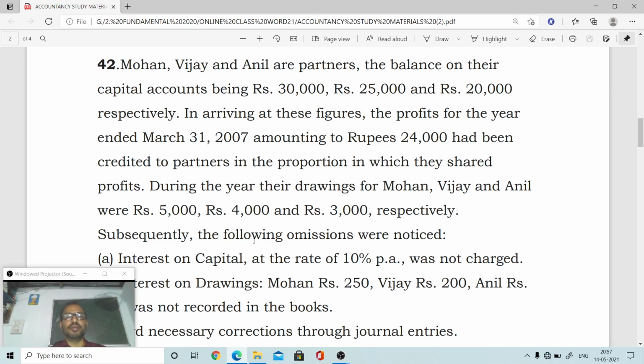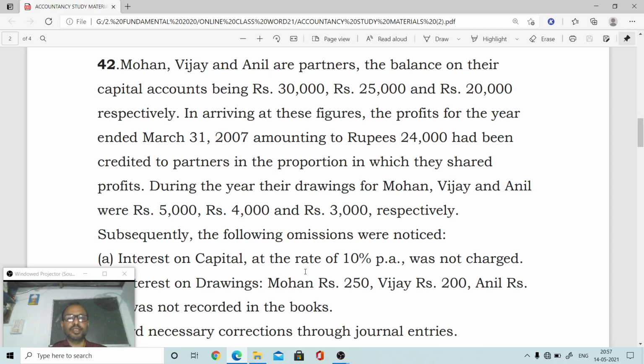Now if you think reversely, if we want to find the opening capital, then closing capital plus drawing minus net profit. Just the reverse, opposite. We have already done so many problems and this way we got the opening capital. So in the same way we can find the opening capital of these three partners.